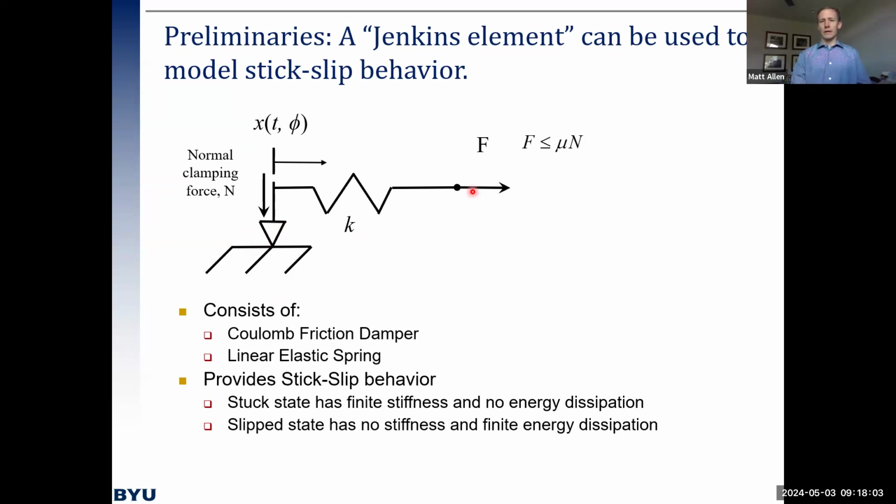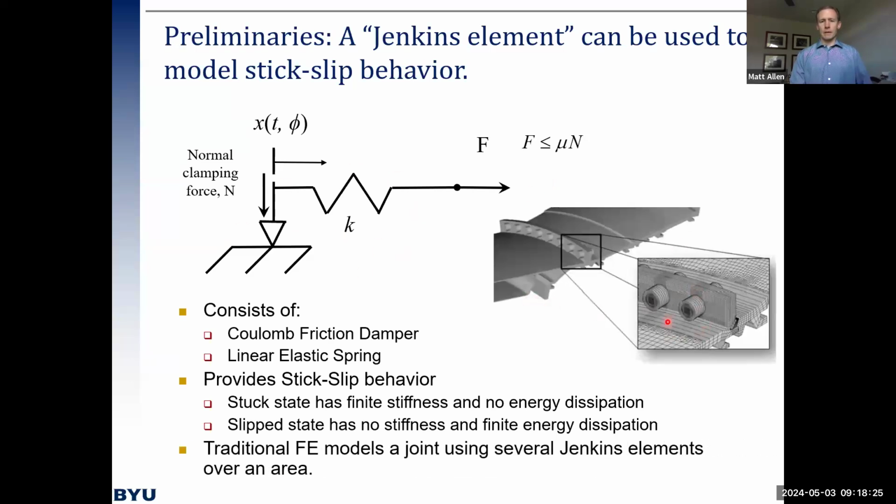And then if we exceed the friction force that's holding the slider in place, then we'll go from being linear elastic to purely plastic, or to having pure Coulomb friction sliding. So this has been called a Jenkins element in the literature.